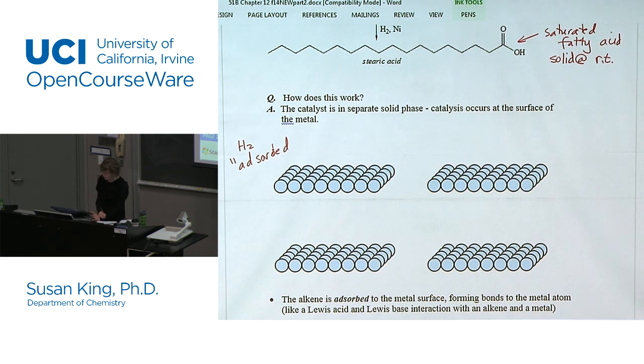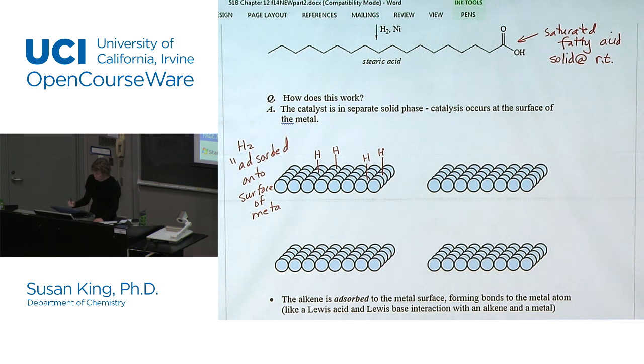It's adsorbed onto the surface of the metal. When it does that, the hydrogen bond breaks apart, and we get a bunch of these hydrogens on the surface of the metal. So that's the hydrogen adsorbed.